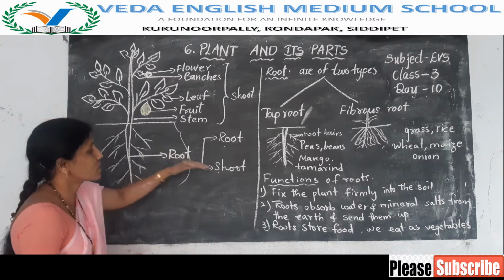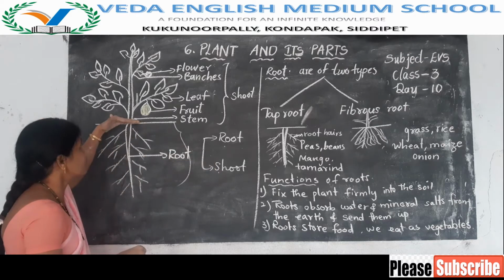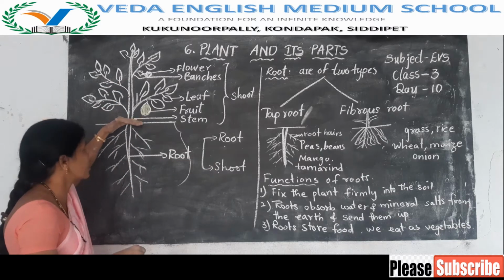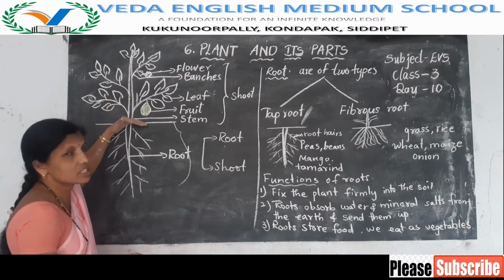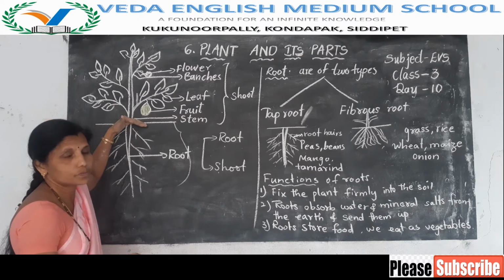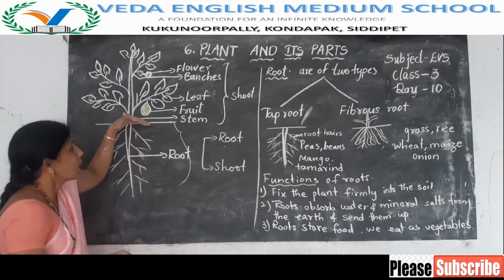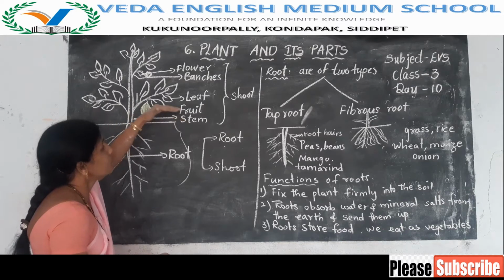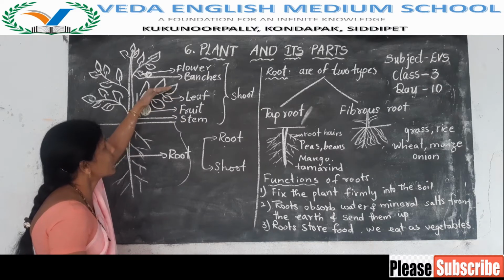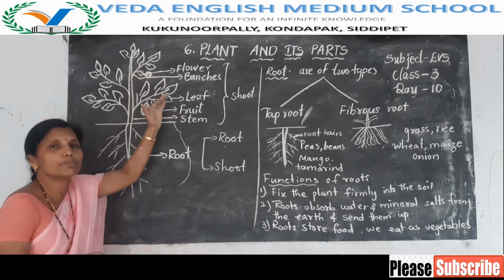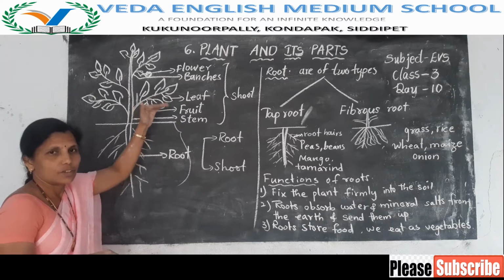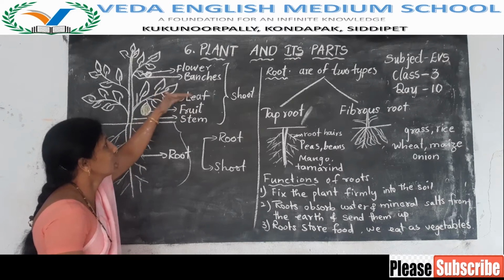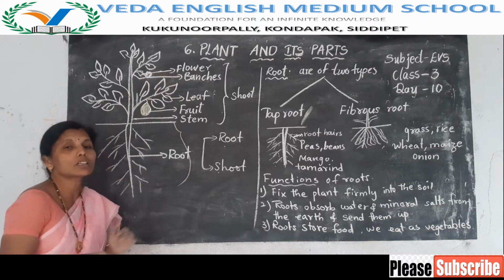Okay children, and next one, shoot. The part of the plant which grows above the ground is called a shoot. This shoot has stem, fruits, leaves, branches, flowers and buds.